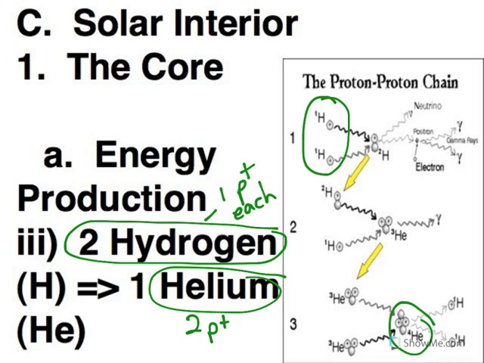So we went from an atom that had 1 proton to something that has 2 protons and 2 neutrons. So really, we had 4 protons to begin with, and we ended up with 2 protons, 2 neutrons, and some byproducts.